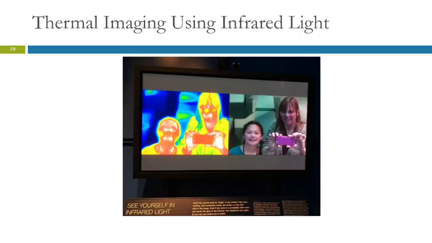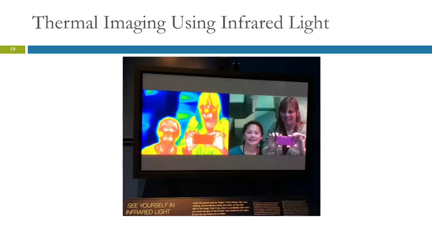Thermal imaging uses infrared light. So this is a picture I took at the Jet Propulsion Laboratory down in Pasadena, NASA's lab down there. They have this camera. So we're standing in front of the camera, and the visible light gives you a picture like this, and the infrared camera gives you this image.